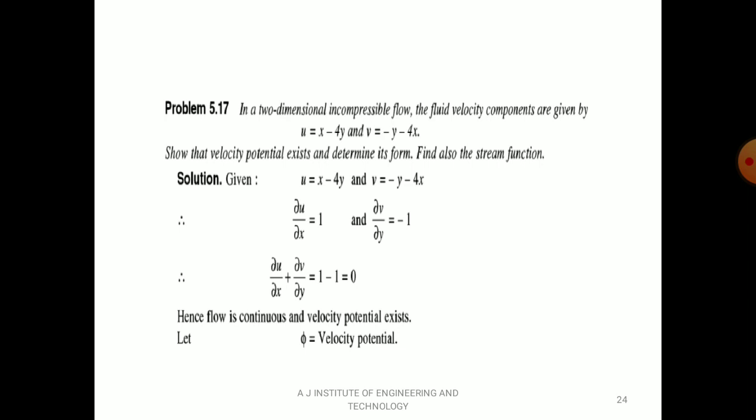So phi is the velocity potential function. Just define phi as the velocity potential function. Now the velocity components in terms of the velocity potential function are given, from the definition, by u equal to minus dou phi by dou x and v equal to minus dou phi by dou y.